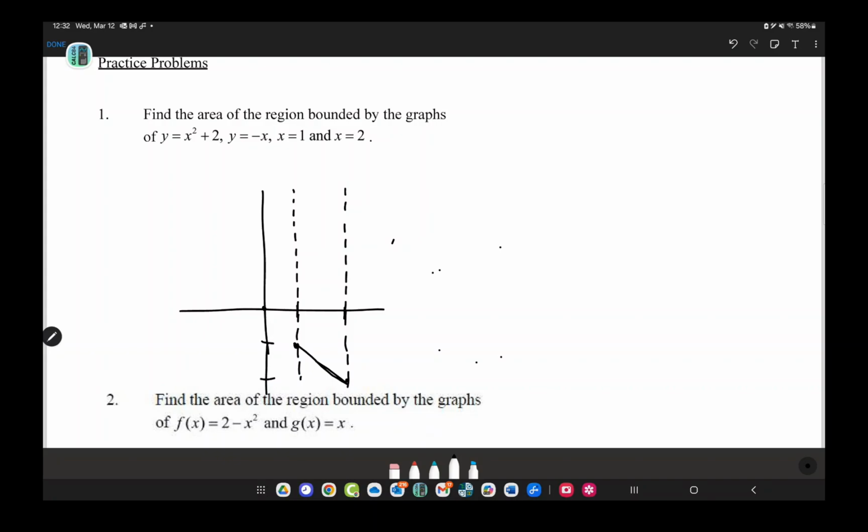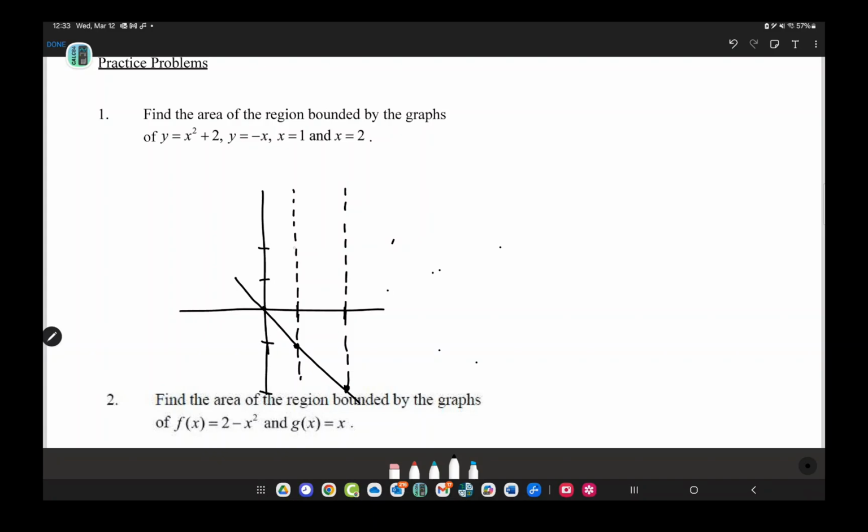That's really terrible. Let's try that again. So we're at negative 2. There we go. That would be a hand-drawn graph. And then we have x squared plus 2. So that means starting at 0 we get 2.